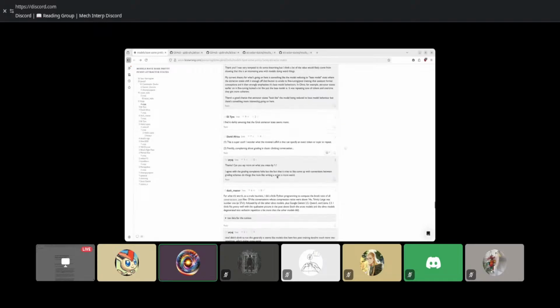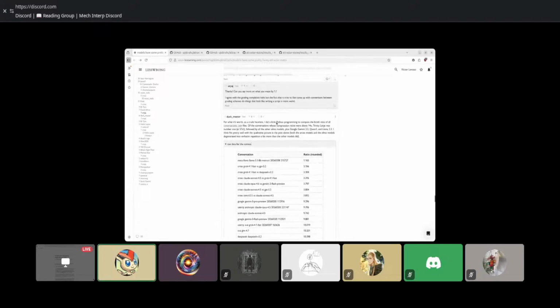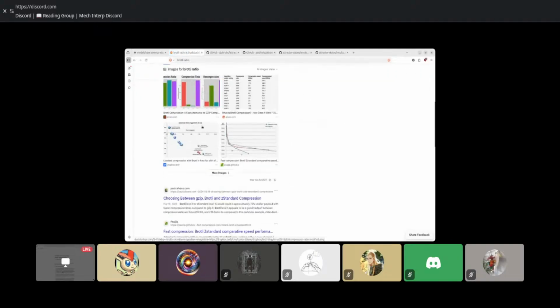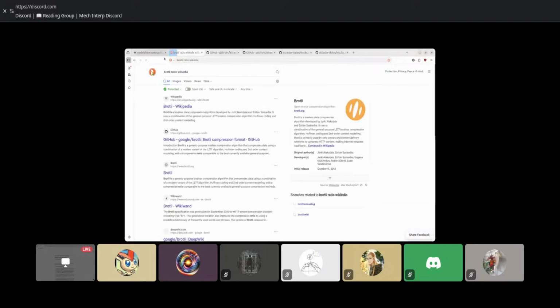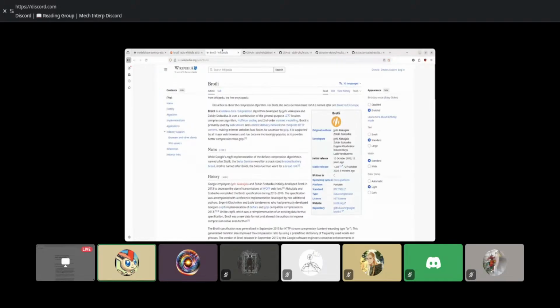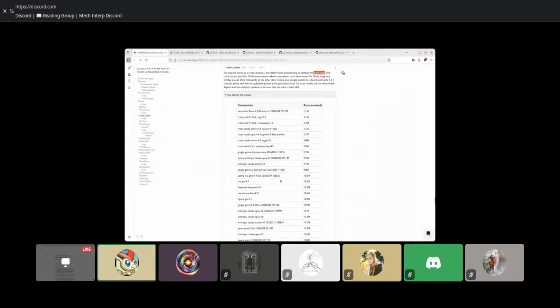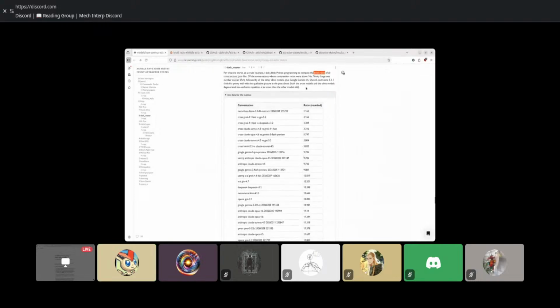Or some dimensionality reduction, like taking stuff from the clustering of chain of thought. Oh, here it is. Broadly radio. I'm going to figure out what that is. Oh, interesting. It's a lossless compression algorithm. So it's basically how compressible it is, how much the responses are repeating each other.